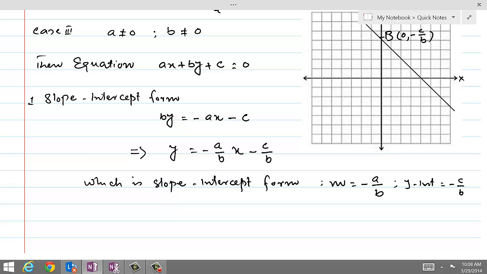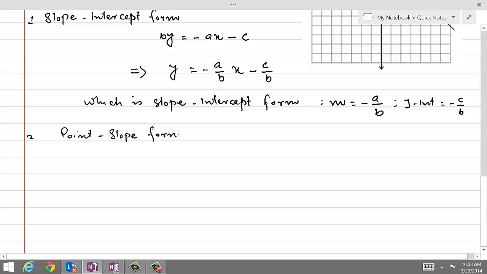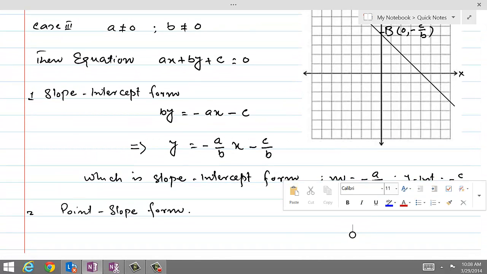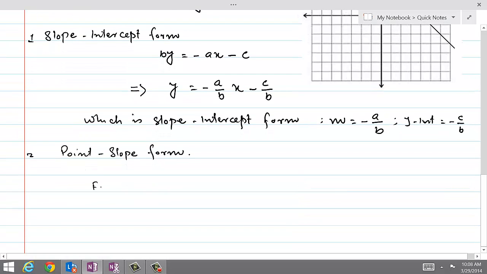And now we want to reduce this equation into slope point form or point slope form. So let's reduce this into point slope form. And for reducing it into point slope form, we are going to find a point on the line.